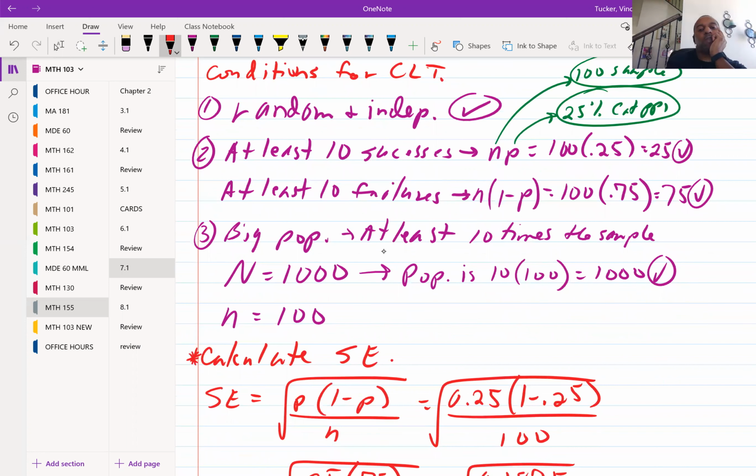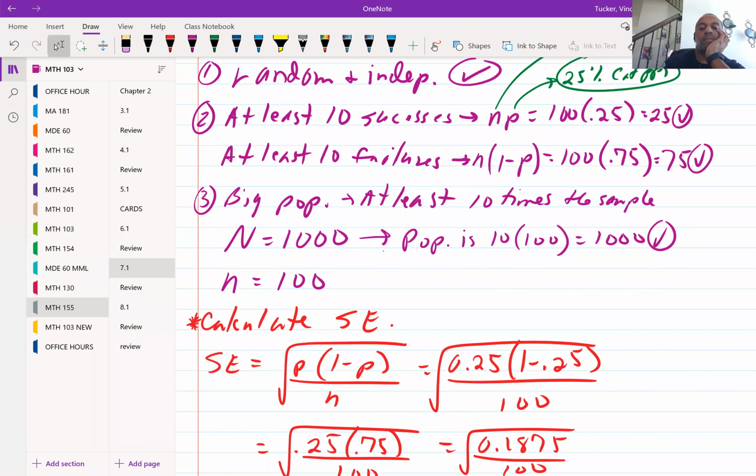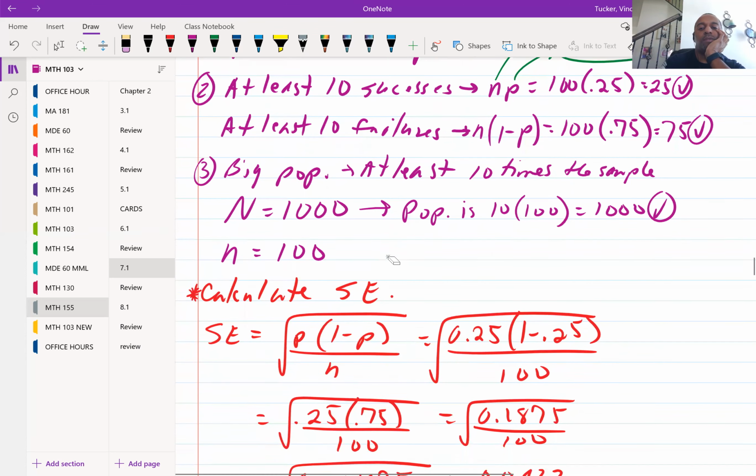All right. So next you want to calculate your standard error. That's the square root of p times 1 minus p over n, lowercase n, which is our sample size. Of course, you could just throw it in your calculator right here, but I just did steps for board purposes. Making sure everybody's okay.